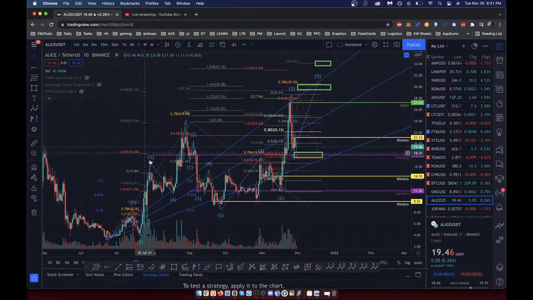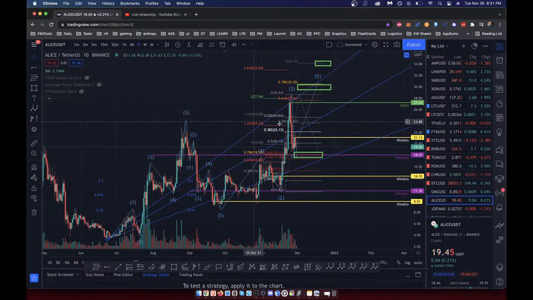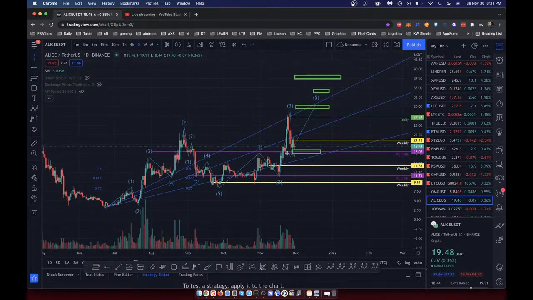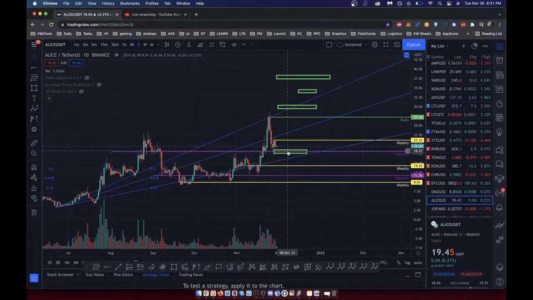So I'm going to start deleting a lot of this because it's too much. Alright, so we're pretty much hovering at this area, and we found support on the monthly.